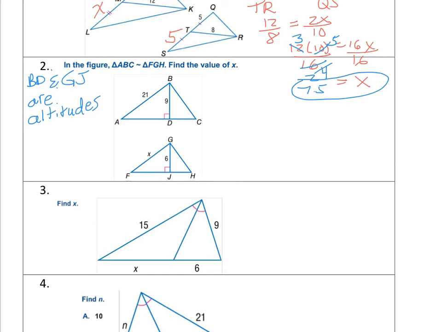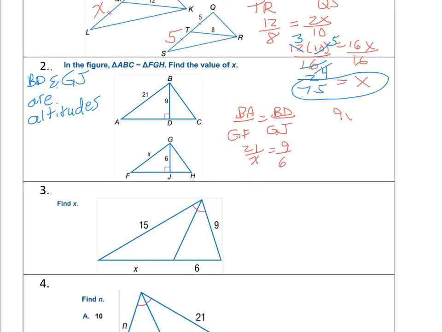Therefore, we know that the altitudes are going to be at the same ratio or proportionality as the sides. So I can say, let's say BA, the side, is to GF, as BD is to GJ. So we've got 21 over x is to 9 over 6.